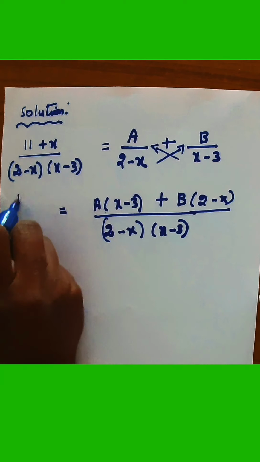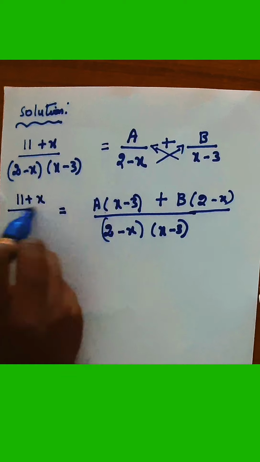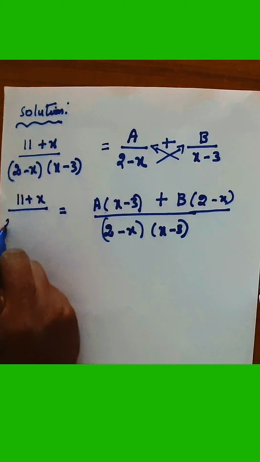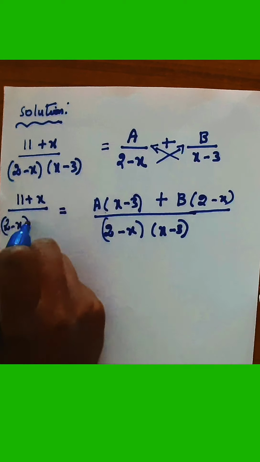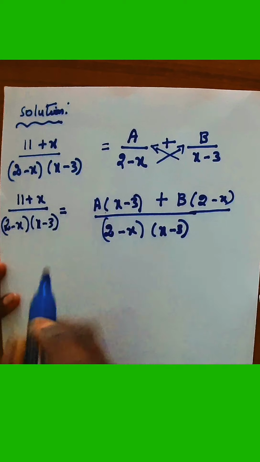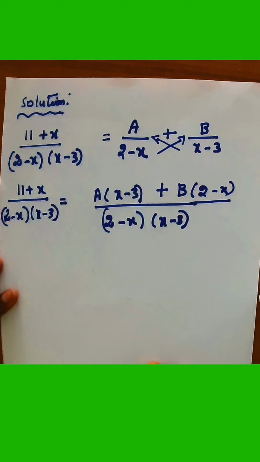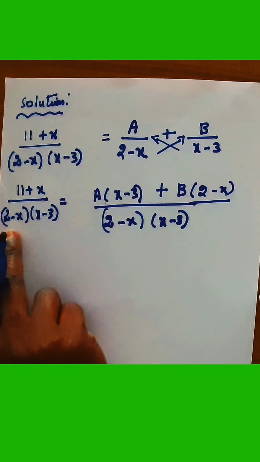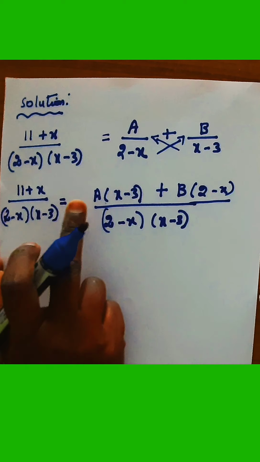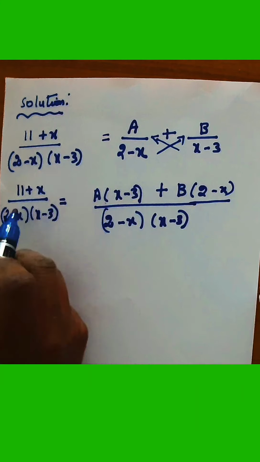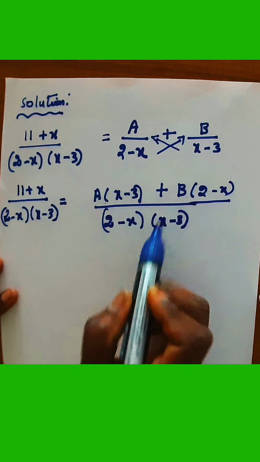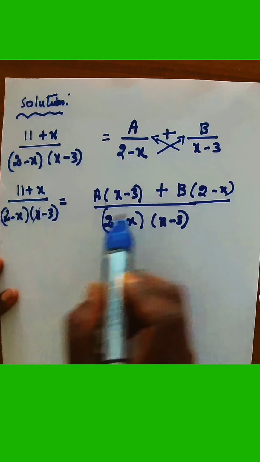On the left hand side, we have 11 plus x divided by 2 minus x times x minus 3. So the denominators will get cancelled, because if 2 minus x times x minus 3 comes to the other side by multiplication, we can cancel out the denominators.